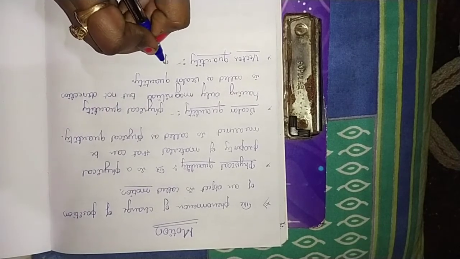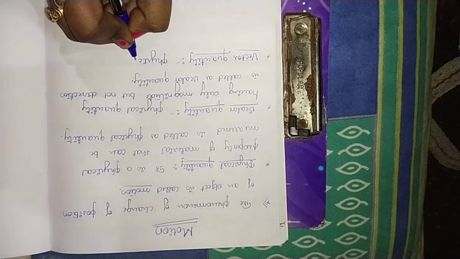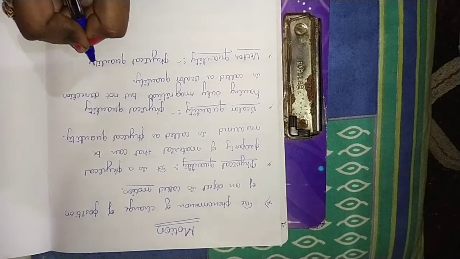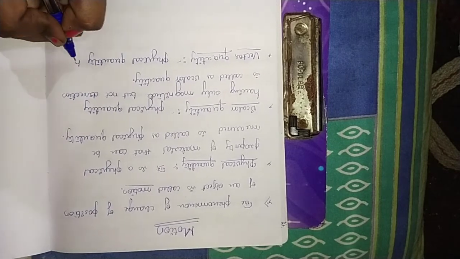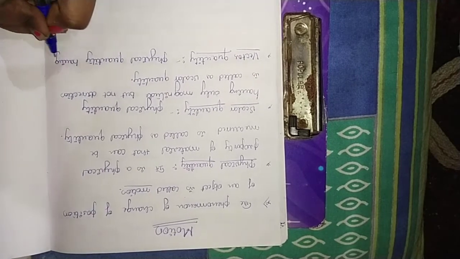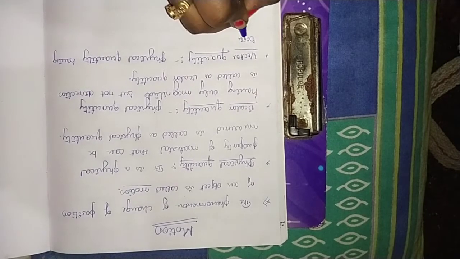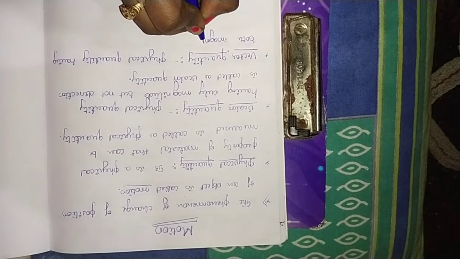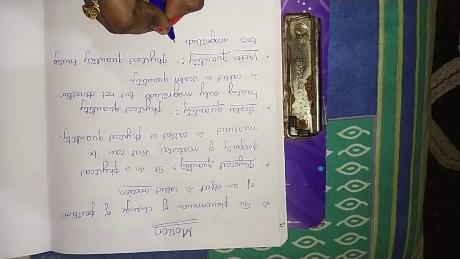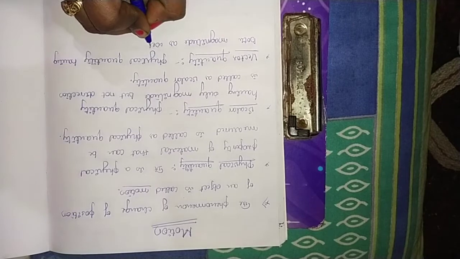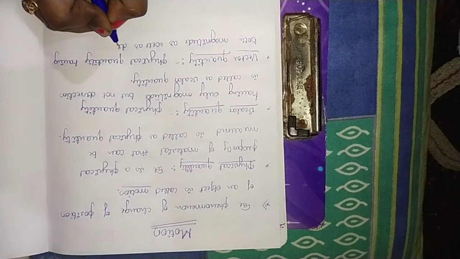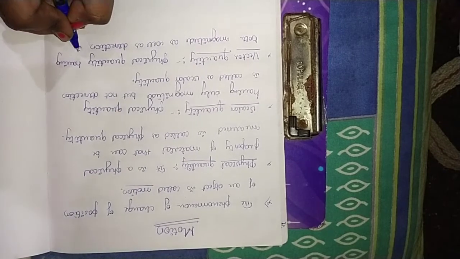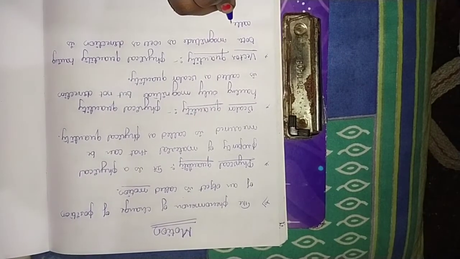Let's learn it like this: a physical quantity having both magnitude as well as direction is called a vector quantity.